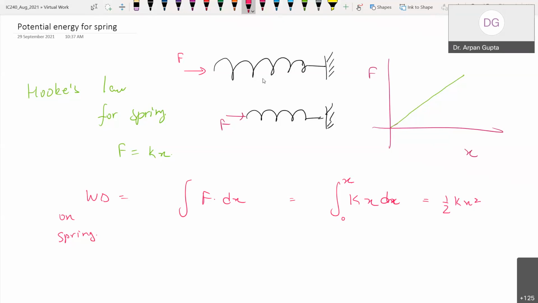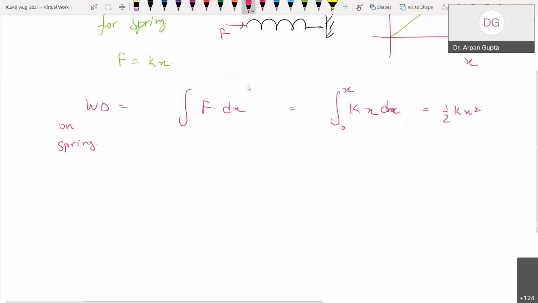And now the work done on the system, which is the work done by the spring, is going to be the negative of it. And therefore, when we write the potential energy of the spring, it is going to be the same expression, half kx square.